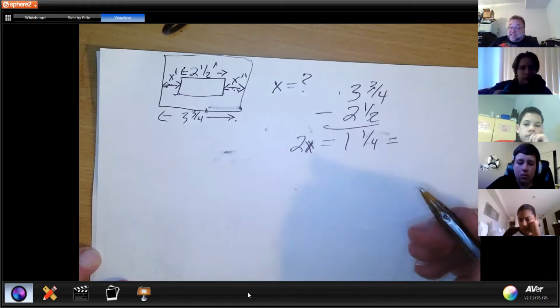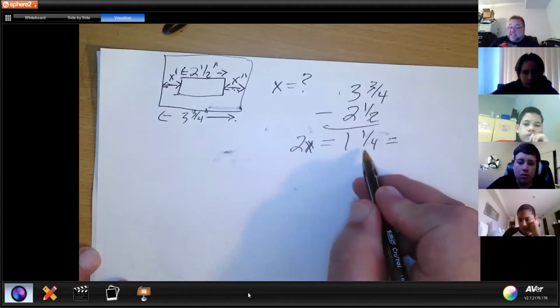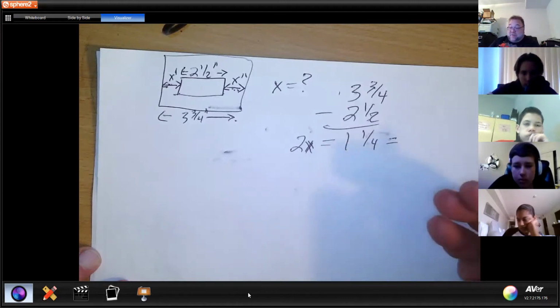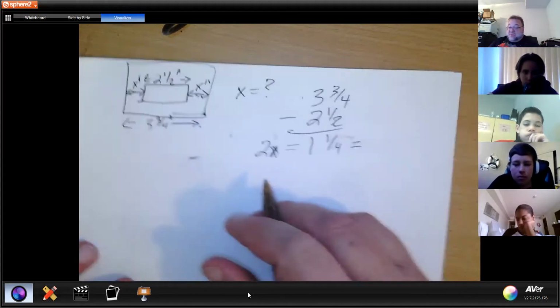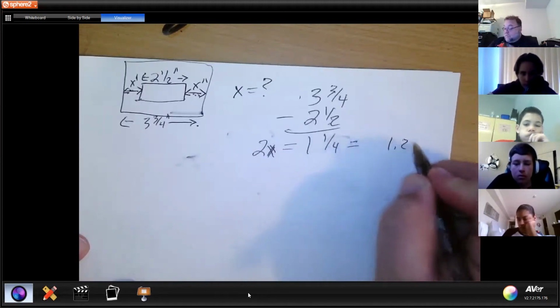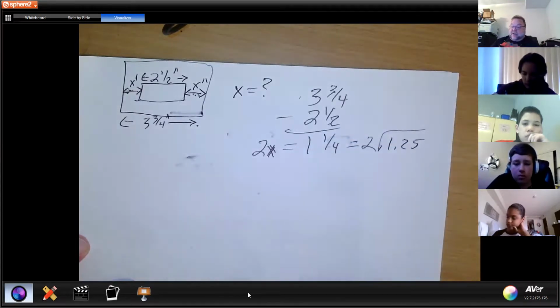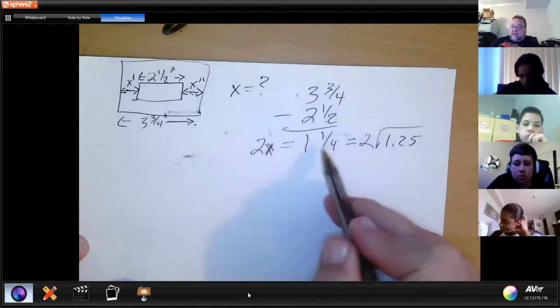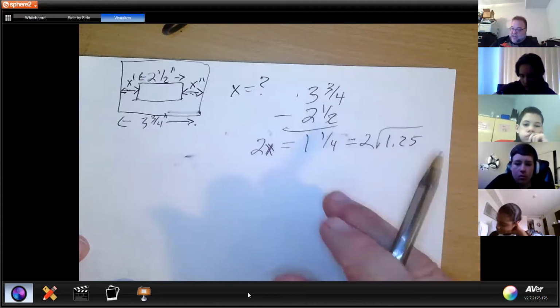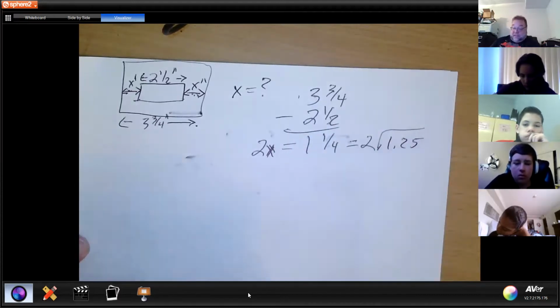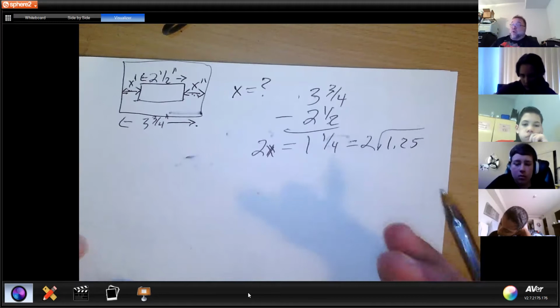My preference is, since 1/4 is such an easy decimal, it's 0.25. I think I'm just going to divide 1.25 by 2, because that's easier than converting this to an improper fraction and then splitting it up. I could do that, but it just seems like more work to me.